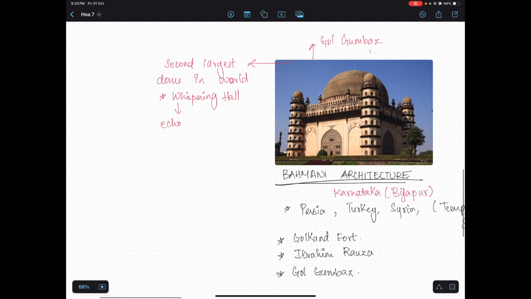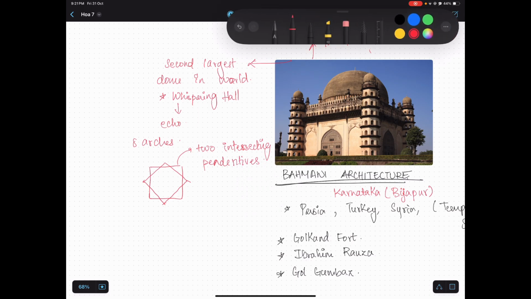This dome is supported on 8 arches. That is, two intersecting pendentives are used for the dome to rest on.